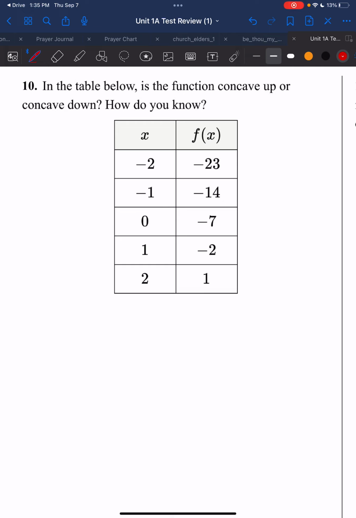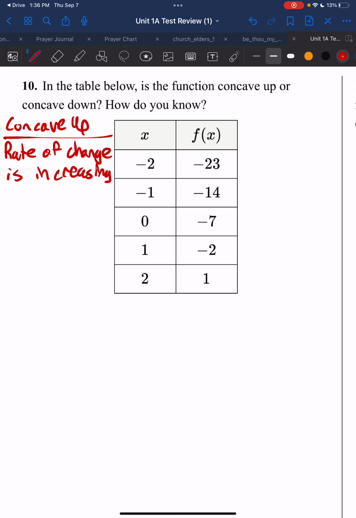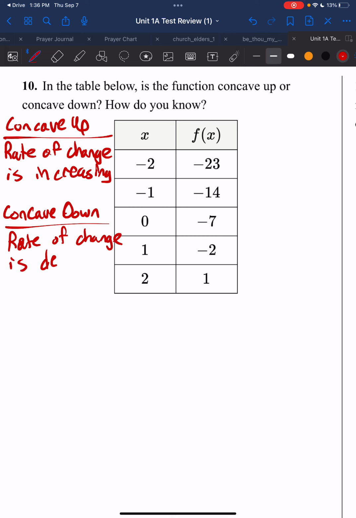We know concave up, my definition for that is that my rate of change is increasing. And for concave down, my rate of change is decreasing.